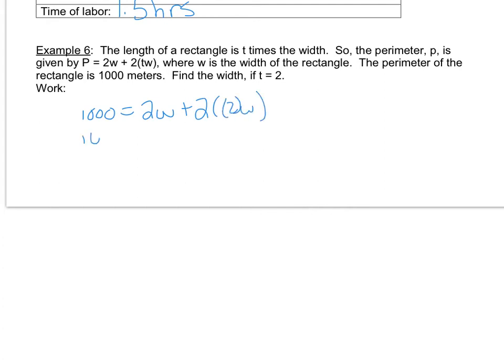So you get 1,000 equals 2W plus 4W. 1,000 equals 6W. Divide by 6.